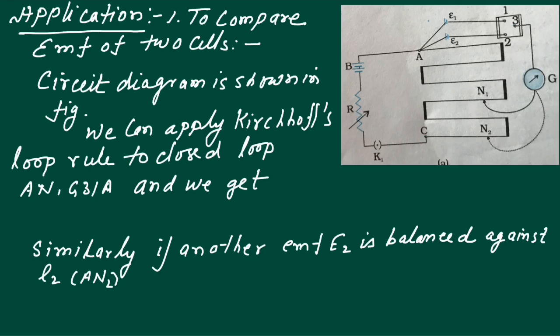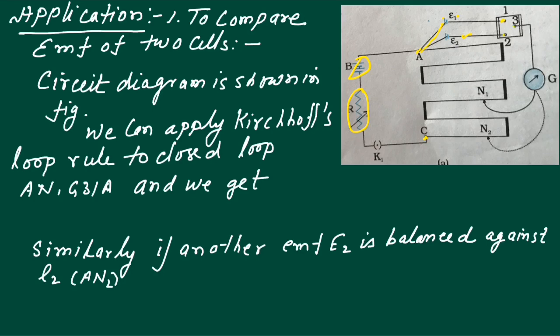In this diagram, we see that a battery along with a rheostat is connected across the points A and B. The positive terminal of the battery is connected to A, and a rheostat and a key are connected to point C. The positive terminals of the two cells having EMF E1 and E2 are connected to point A, and the negative terminals of these are connected to terminal 1 and terminal 2 of the two-way key.